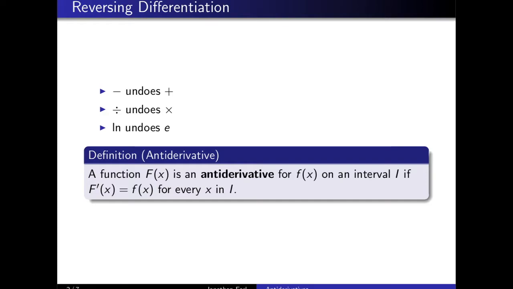For example, if you take some number x and you multiply it by 3, there's only one number that you're going to get when you divide back by 3. So why does this say "an" instead of "the"? Well, the reason is that you could always add a constant to whatever you came up with. So if you gave me some function, some capital F, so that its derivative was little f, I could take that capital F and add 17 to it, and whatever this new function is, when I take its derivative, will still give back little f. So you can actually get an infinite number of antiderivatives for a function.